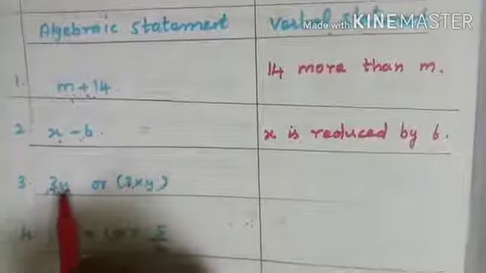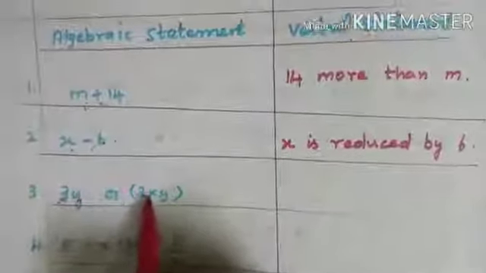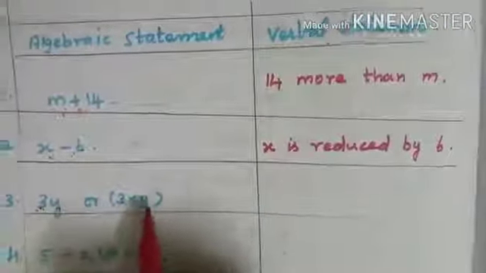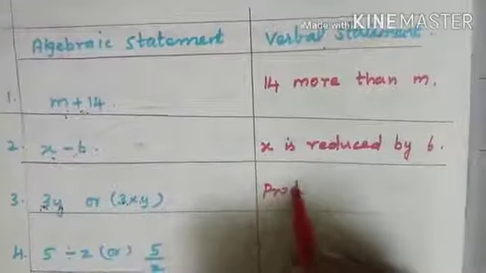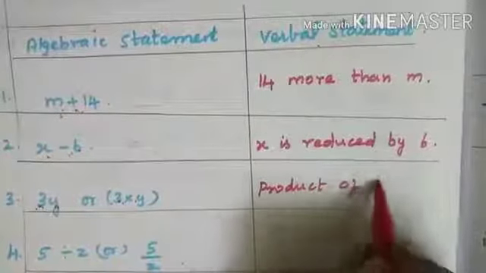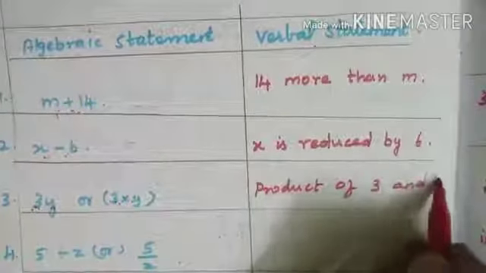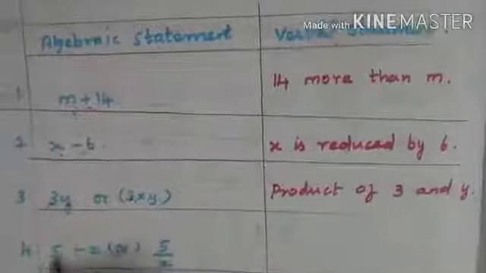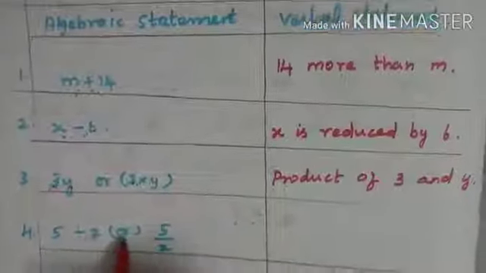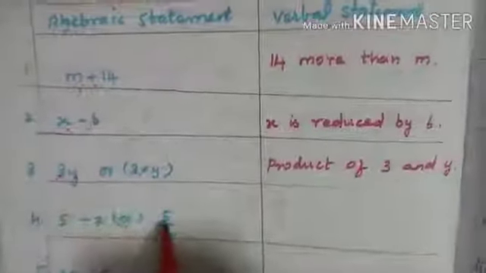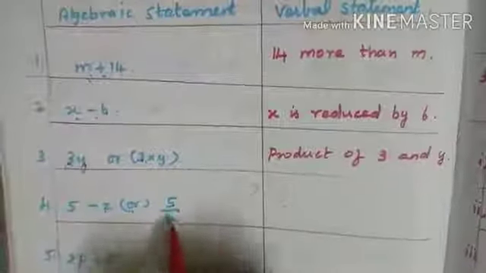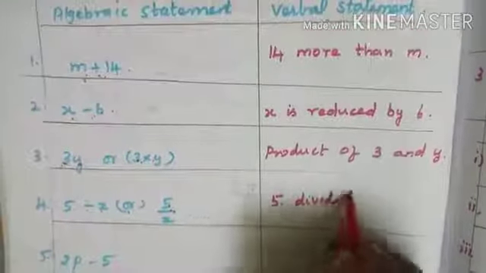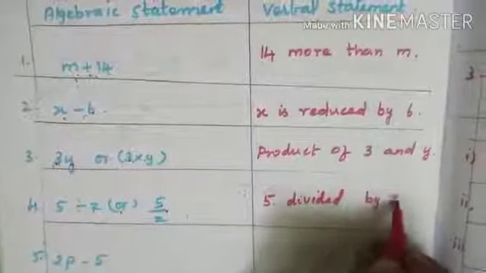The product, the multiplication. 3 and y are multiplied, otherwise we can write product of 3 and y. The next you see 5 divided by z, or the same statement can be written as 5 over z, and this line is for division. Therefore we write 5 divided by z.